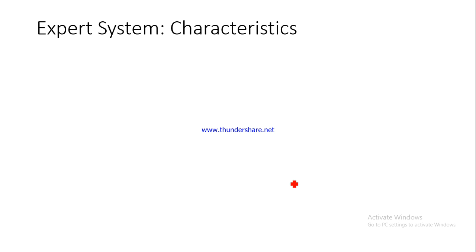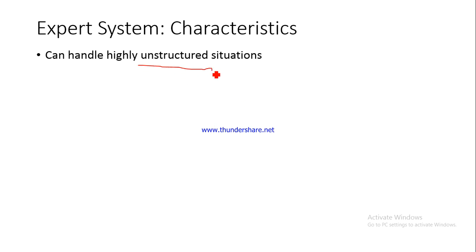So it is basically oriented towards the future, right? It can handle highly unstructured situations, and that is why it is being used. I told you expert systems are generally made use of by the top management, right? And the expert systems can handle highly unstructured situations, novel situations which have never happened earlier.